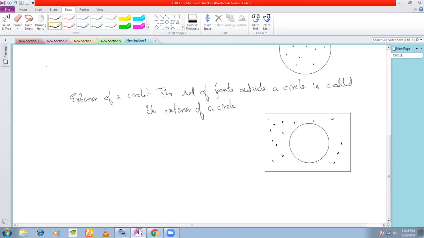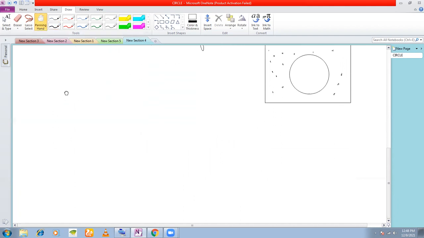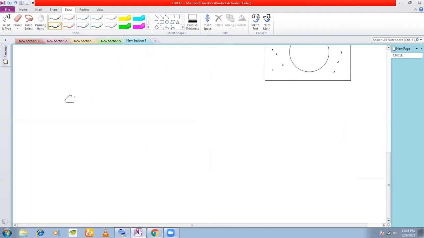Now that we know the interior and exterior of a circle, we come to an important definition, which is called the chord of a circle. What do you mean by chord of a circle?